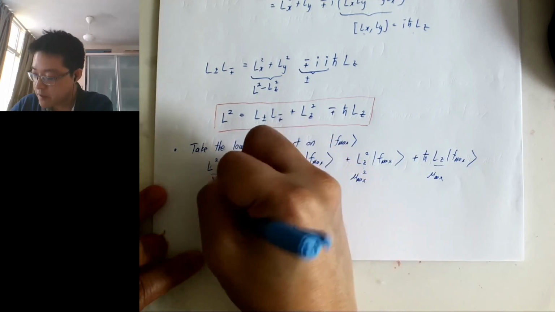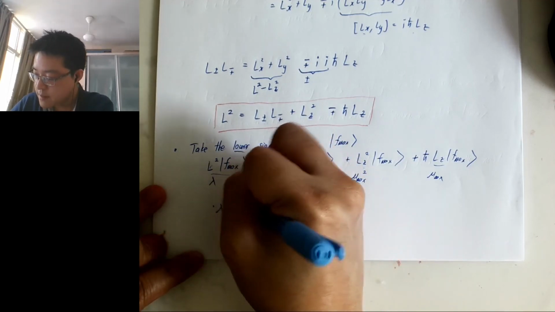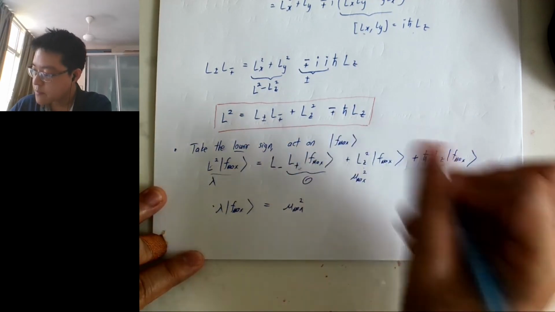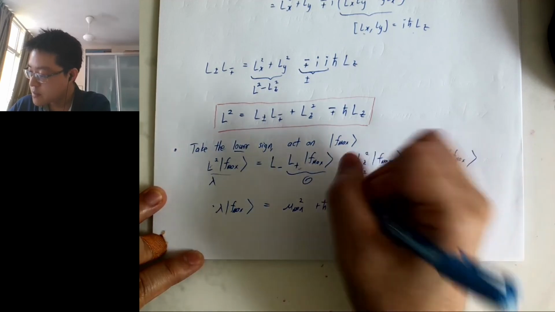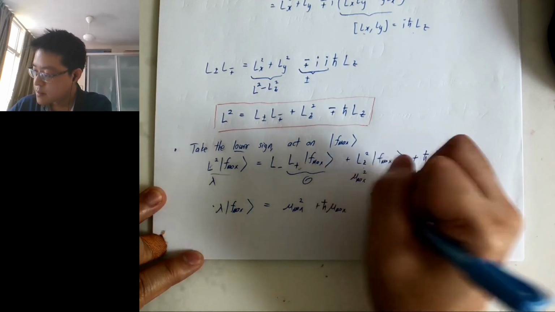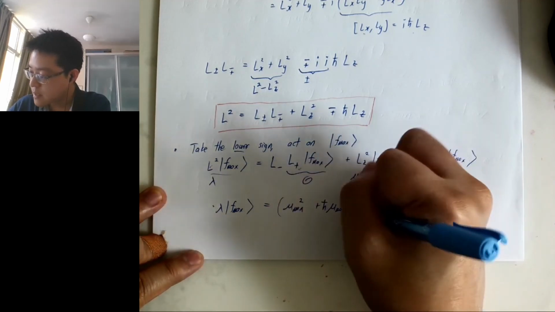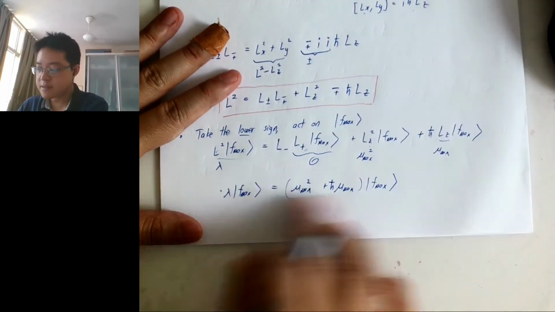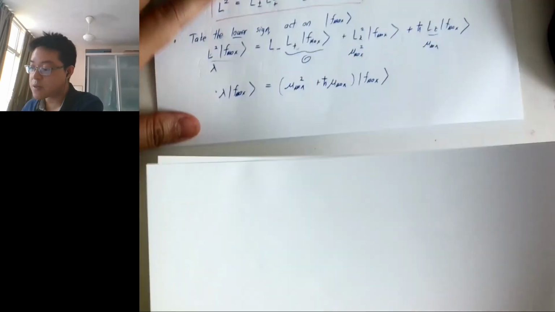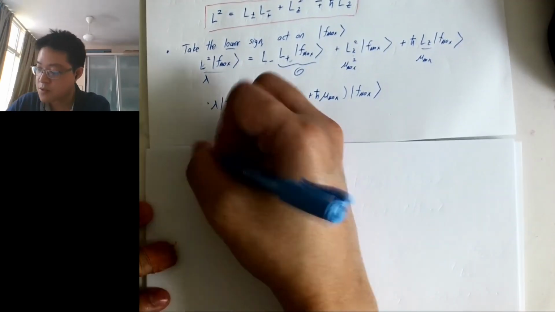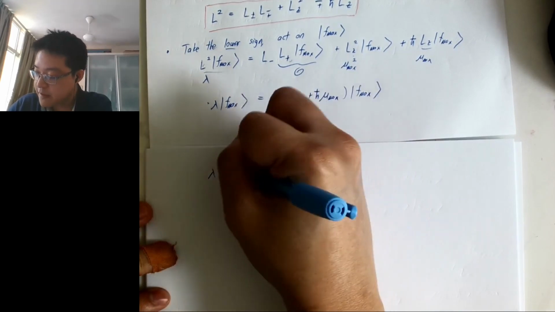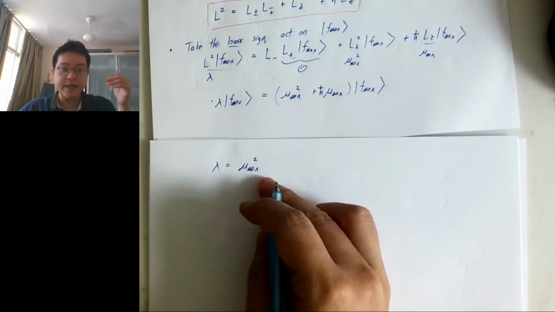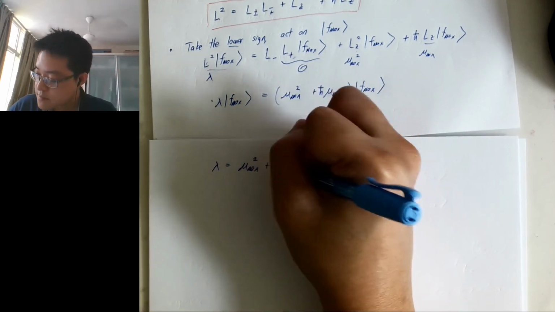So what we have found is the equation lambda F max equals mu max square plus h bar mu max, and then all these are acting on F max. Okay, so in other words, I got the equation that is relating lambda to mu max already. So we actually have found that, given the lambda, I can identify what is the mu max.